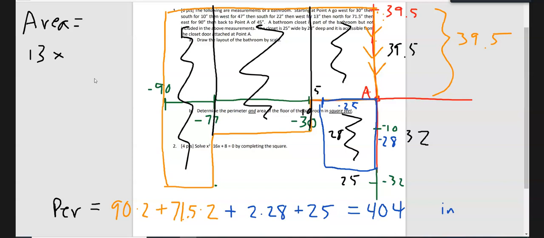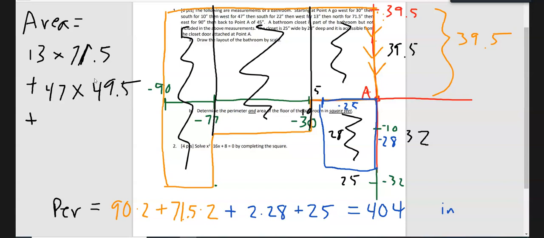So 13 by 71.5, plus 47 times, let's see, 10 plus, that'd be 49 and a half, because you'd have the 10 below the x-axis and the 39 and a half above the x-axis.